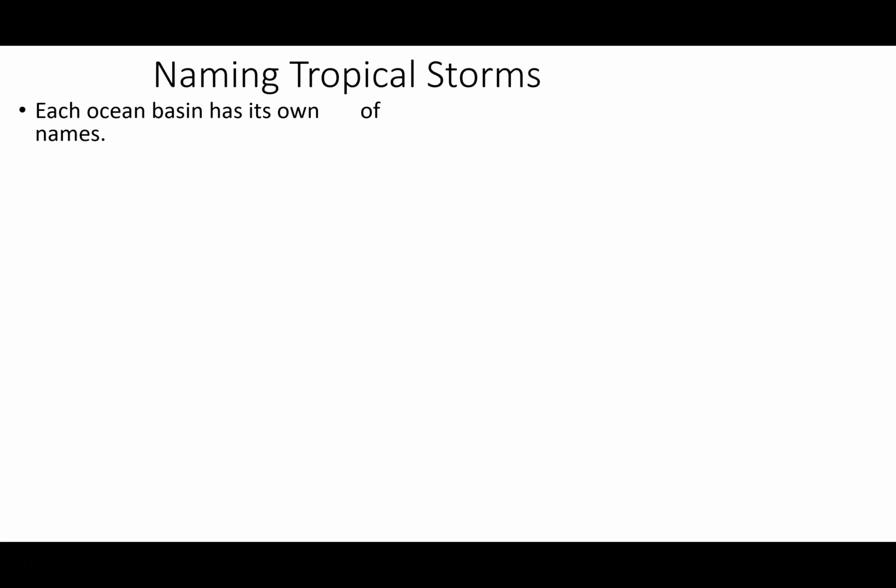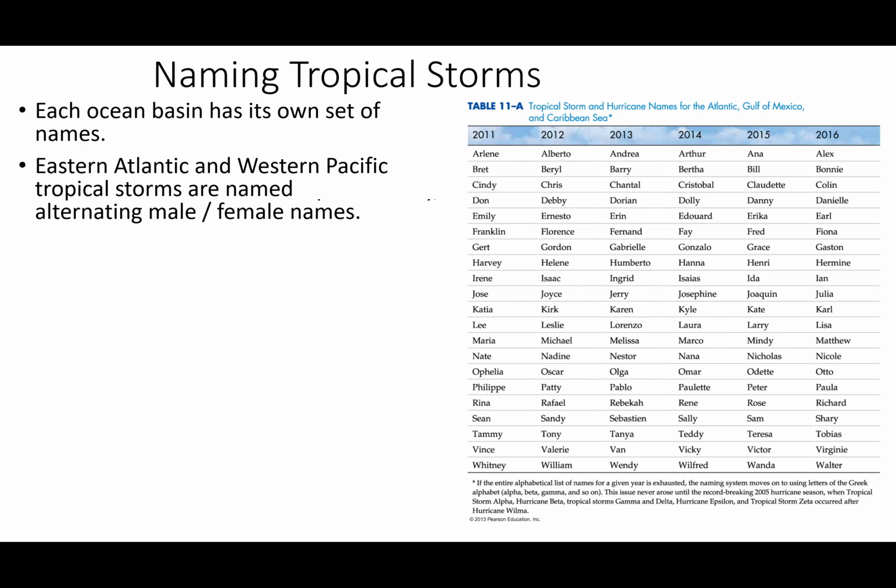A tropical storm intensifies, goes to tropical cyclone, same thing as a hurricane. Each ocean basin has its own set of names. So this is actually names for the Atlantic Ocean, Gulf of Mexico, and Caribbean Sea.